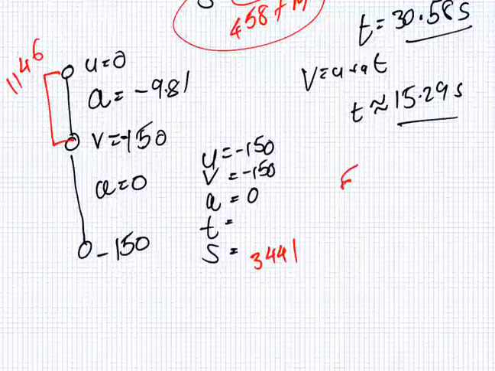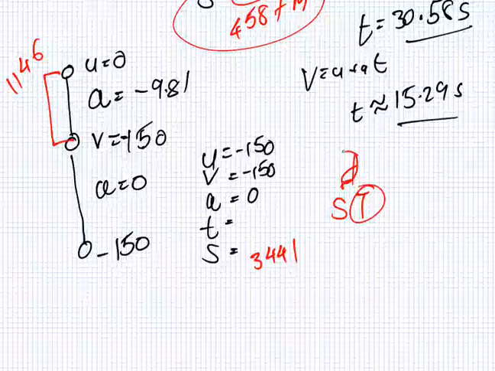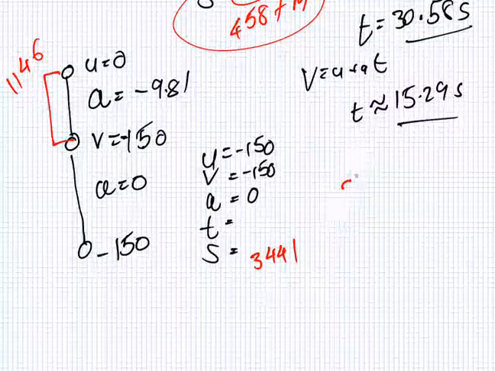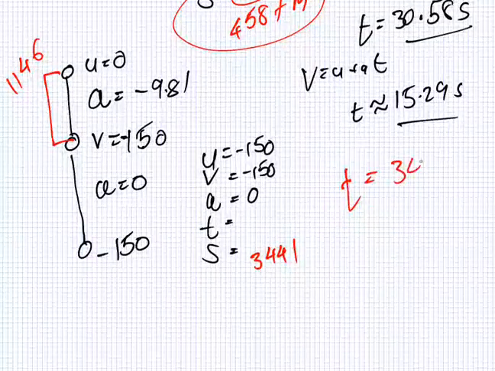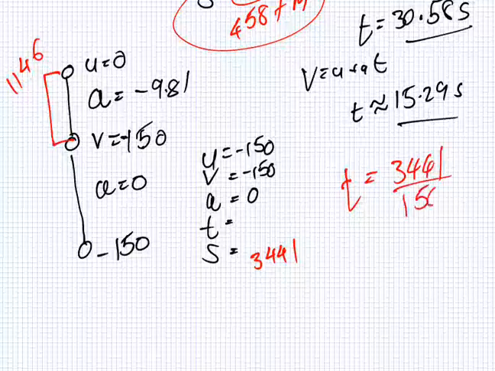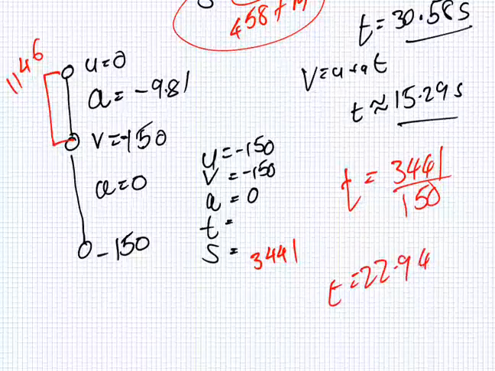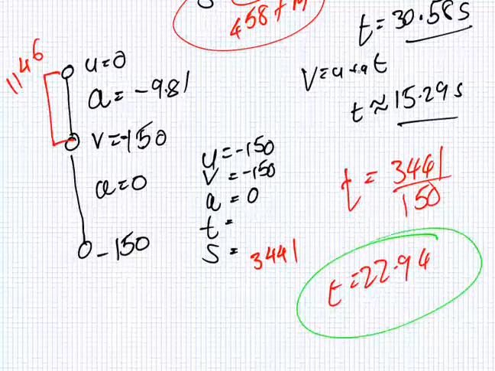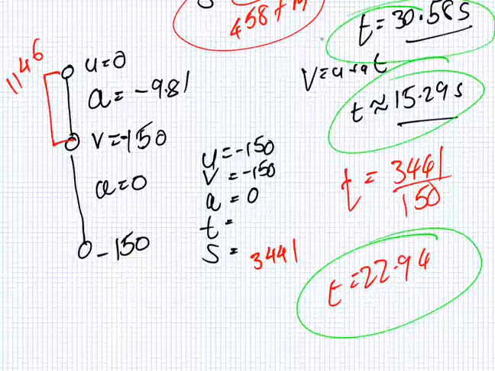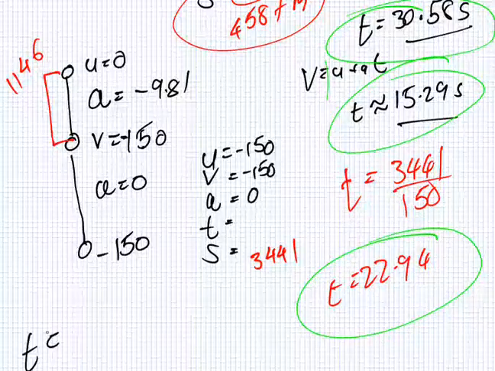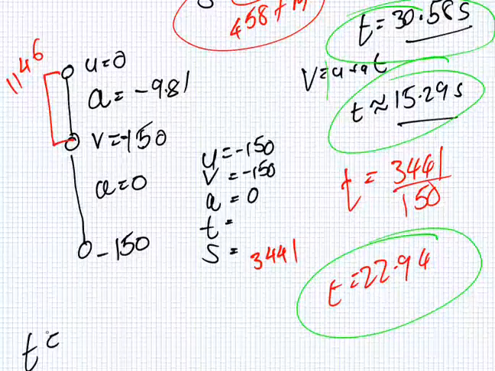So this is just a good old distance, speed, time triangle. I want the time, so that's distance divided by speed. But do I know the distance? No. So actually, maybe I will have to use my UVATS. u is 150, v is 150, a is 0, t don't know, s I don't know. What formula can I use? s equals u plus v over 2 times t?